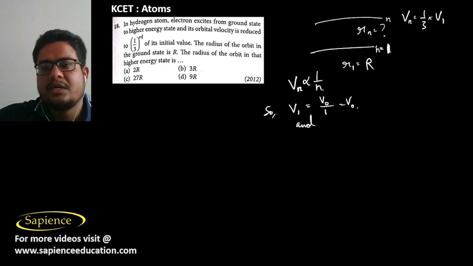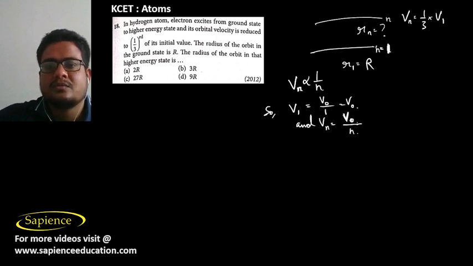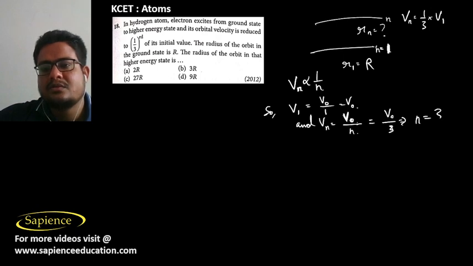So Vn will be equal to V0 by n, where V0 is some constant of proportionality. So this is equal to V0 by 3, it is told. Therefore n is equal to 3.